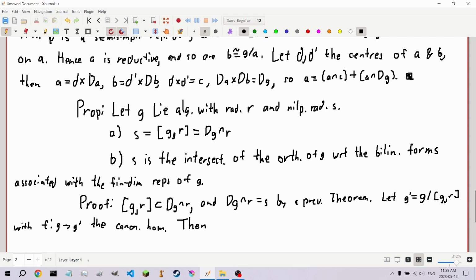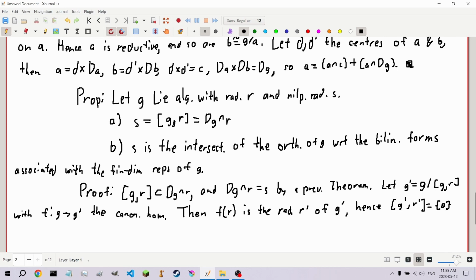And then the image of the radical under F is the radical of its codomain, which means we can send this equation under F to get that the bracket of G prime and R prime is 0, and so that R prime is the center of G prime.